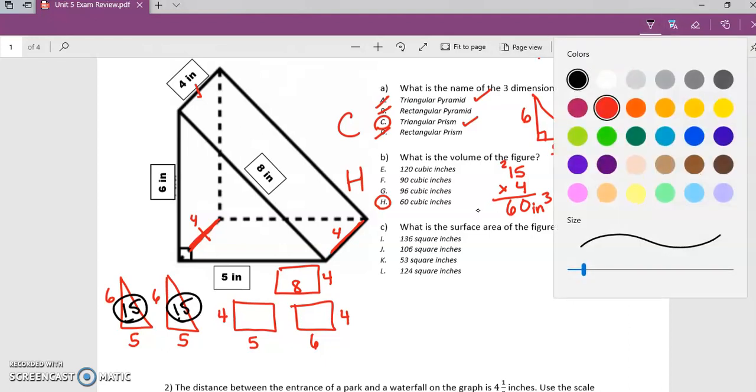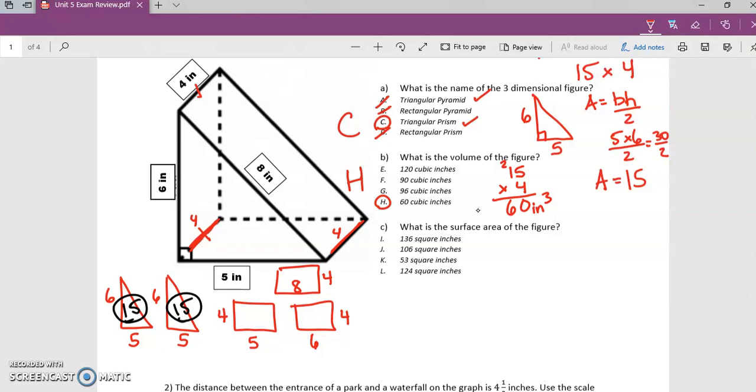Now I just need to figure out the area for each of these rectangles. The area of the first rectangle is just base times height. Base of 5, height of 4, and that's equal to 20.